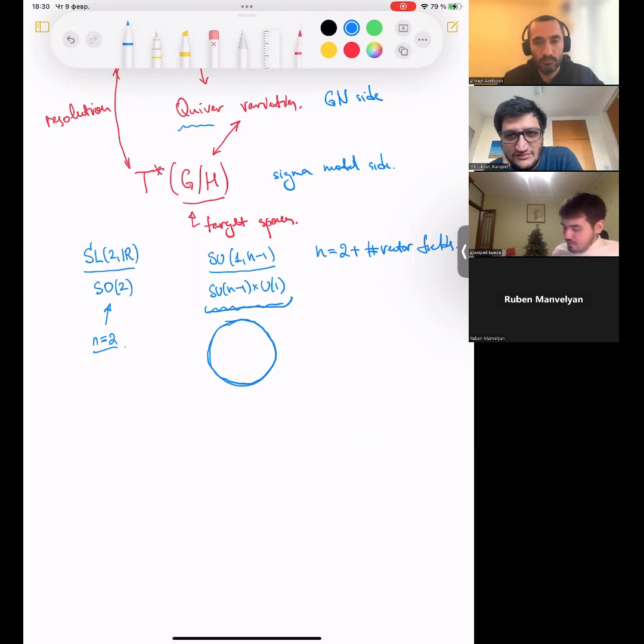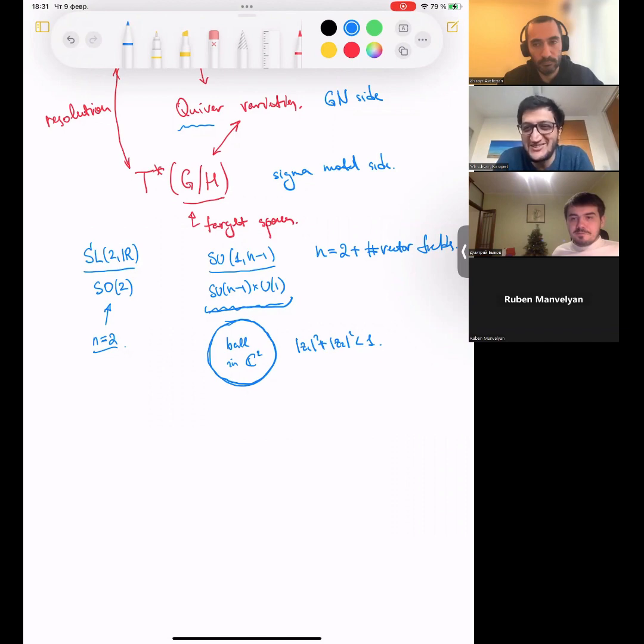This is a ball in C2, like modulus Z1 squared plus modulus Z2 squared smaller than 1. This is an analog of the Poincare disk. That doesn't help for intuition, but yeah.